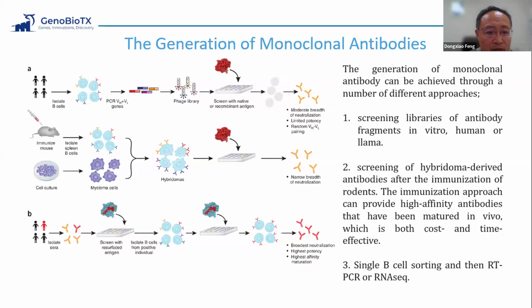And also the most advanced technology is single cell cloning. You can identify, characterize antigen-specific binding B cells from all kinds of animals, including human, to clone the antibody gene for sufficient recombinant expression. And these are the three major technologies for monoclonal antibody development.